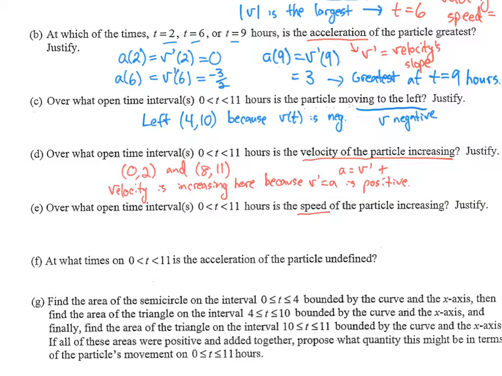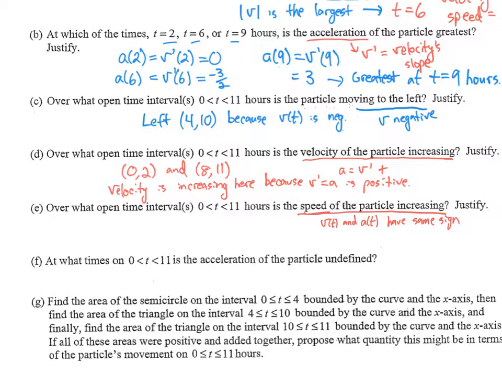Now if you recall from our earlier discussions, the speed of a particle is increasing when velocity and acceleration have the same sign. So we want to look for spots where the velocity is positive and the acceleration is positive, or where the velocity is negative and the acceleration is negative.